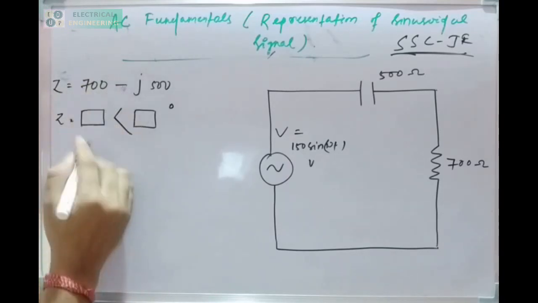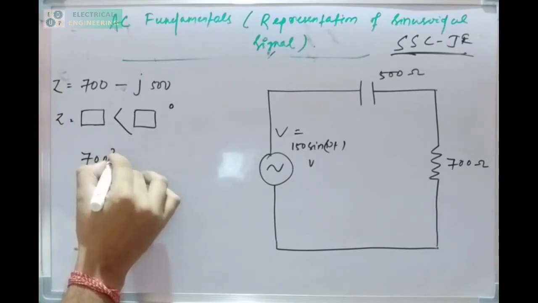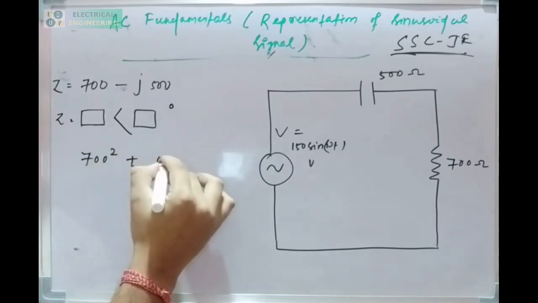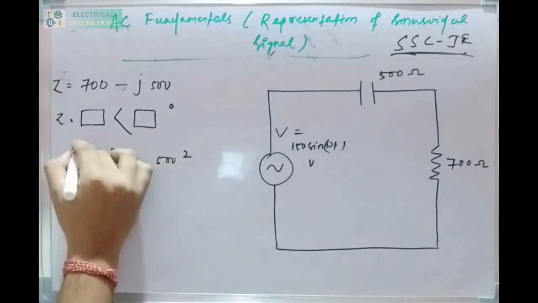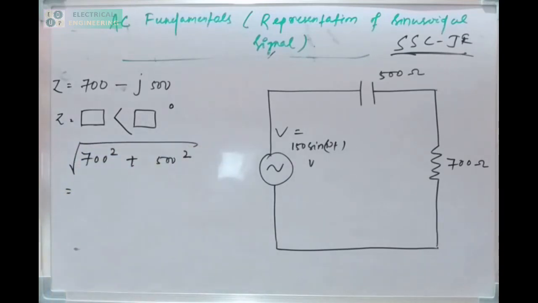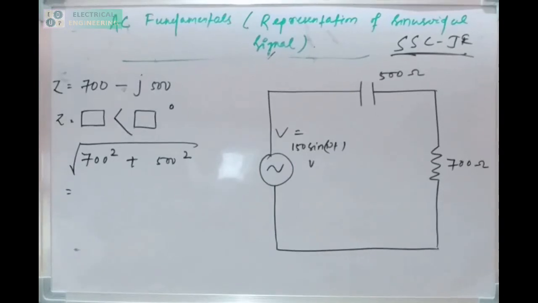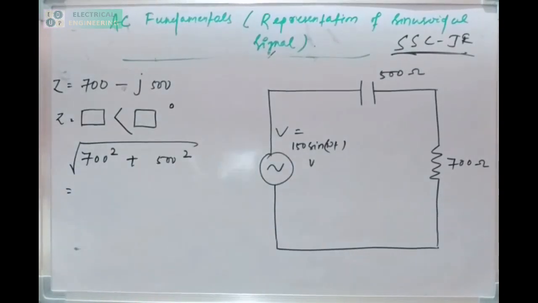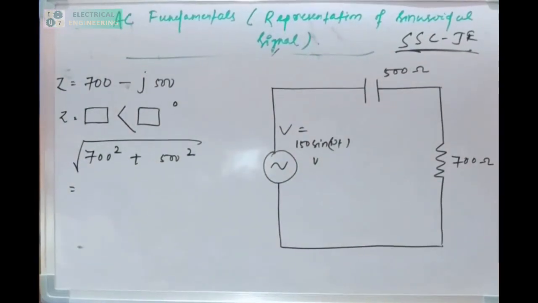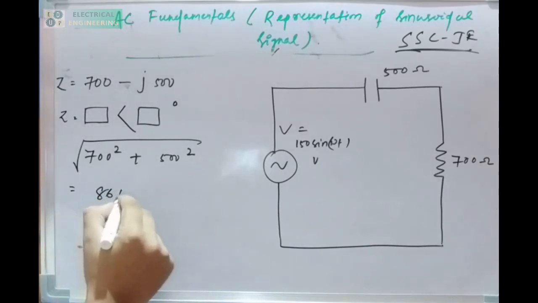The RMS value will be the square root of 700 square plus 500 square. If you calculate this, you will get 860.23.